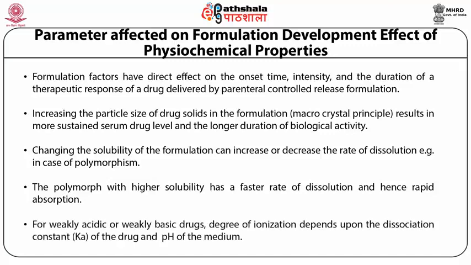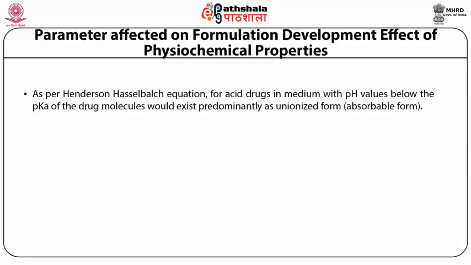For weakly acidic or weakly basic drugs, drug molecules can exist in either an ionized or an unionized form, and the degree of ionization depends upon the dissociation constant of the drug and the pH of the medium. As per the Henderson-Hasselbalch equation, for acid drugs in a medium with pH values below the pKa of the drug, molecules would exist predominantly in the unionized form, and this unionized form is invariably the absorbable form of the drug.